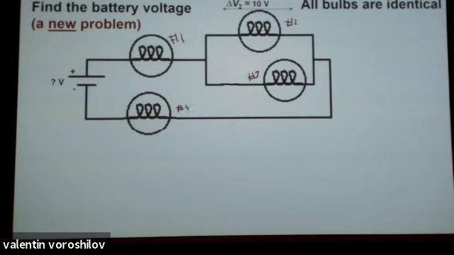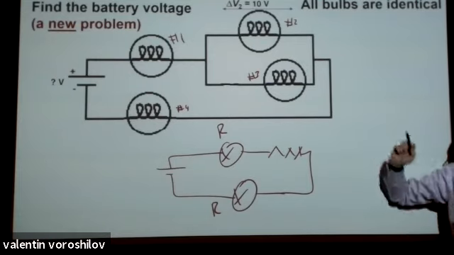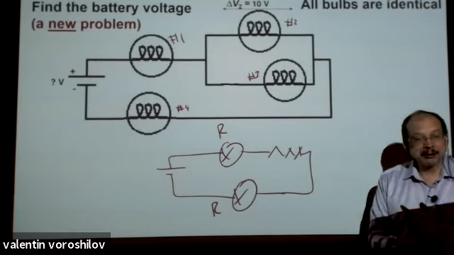Well, again, now I can redraw the circuit, keeping only 3 elements. This is R, this is R, and this is what? What one resistor could we use to replace these 2 resistors? What equivalent resistance?